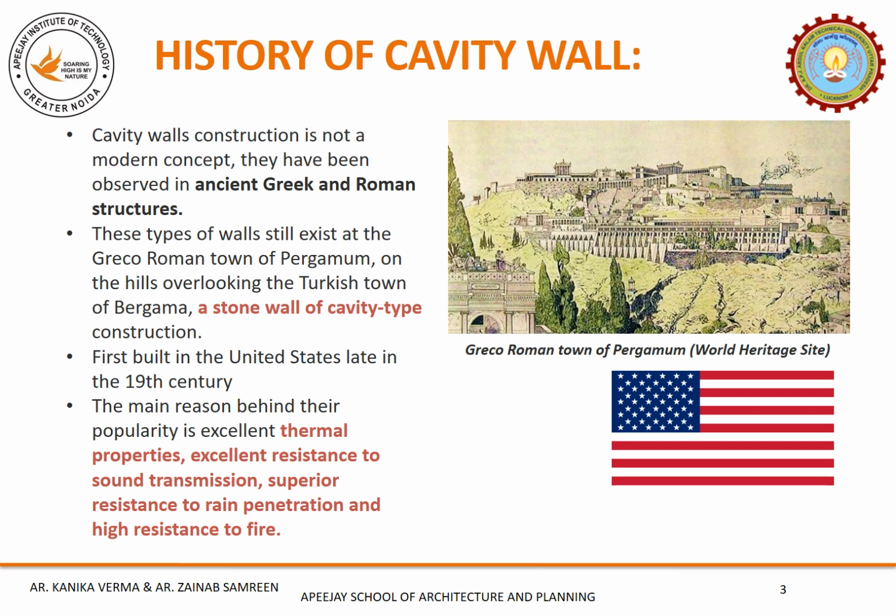So for them, it was an excellent idea to use this kind of wall for thermal insulation, for resistance to sound transmission, for high resistance to fire, and for superior resistance to rain penetration also, because dampness is a big issue in our buildings.